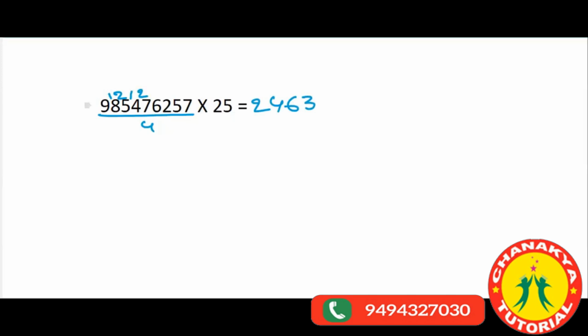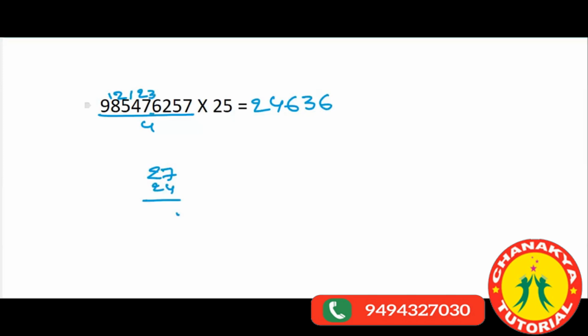4 6s are 24 with remainder 1. Yes, just a second. Manas, 27 it is, right? You said 4 6s are 24 with remainder 1. 24, remainder 1, how will it be 1? It will be 3, na?